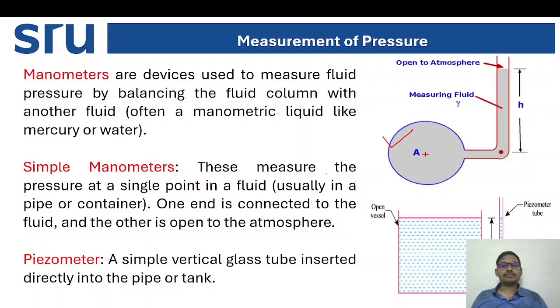A simple manometer measures the pressure at a single point in a fluid, usually in a pipe or a container. You see, this is a pipe carrying the fluid, and one end is connected to the fluid, and the other is open to the atmosphere.